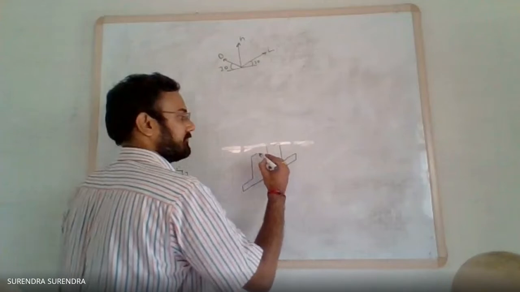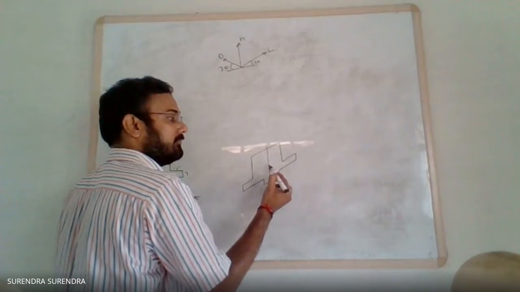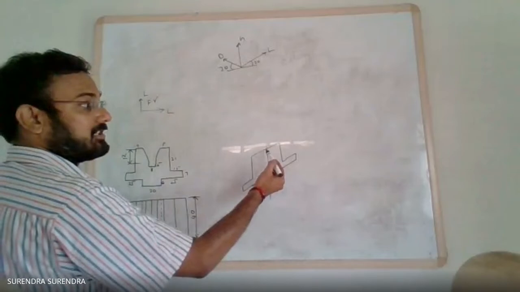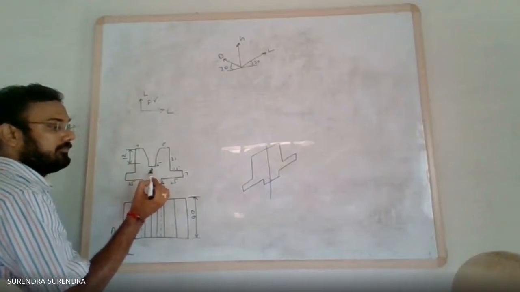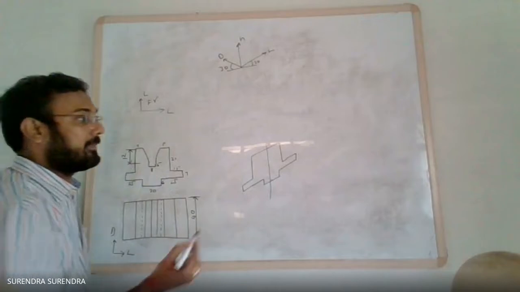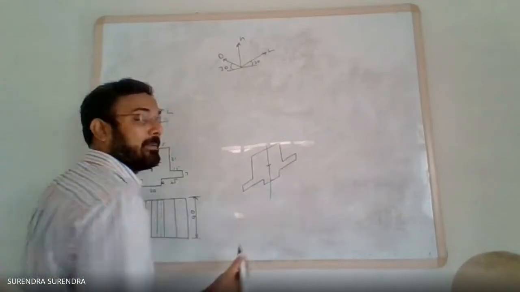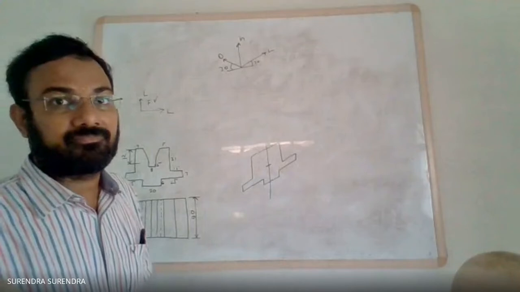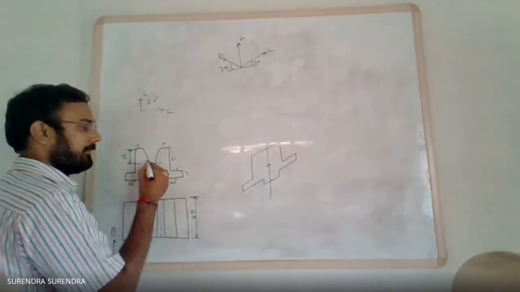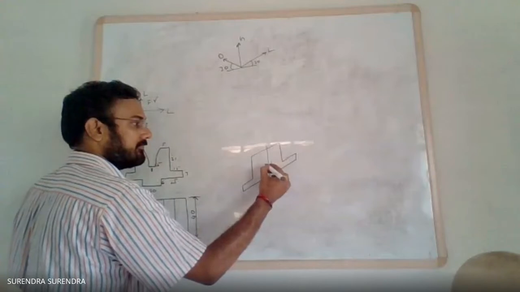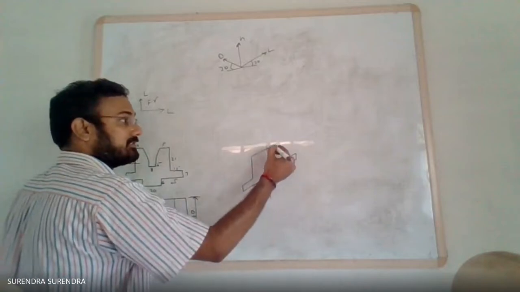So from the midpoint at the top, mark a point 16 mm below. From this intersection point, 16 mm below, the base of this U-shaped groove has width 8 mm and height 5 mm. So from this midpoint, 4 mm on both sides, a total 8 mm line along 30 degrees inclination, not a horizontal line. Along 30 degrees inclination, an 8 mm long line, and from both ends 5 mm vertical lines. Now join these endpoints.